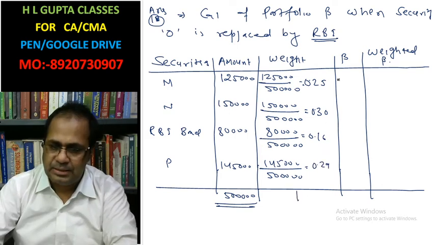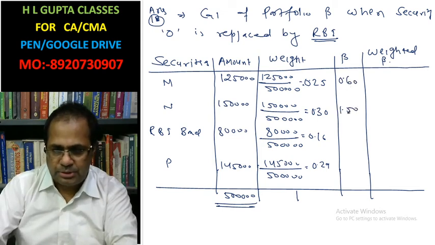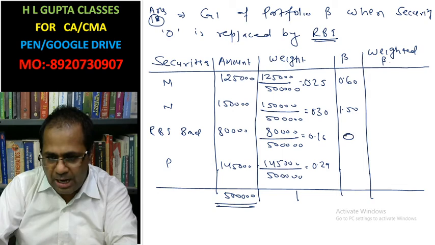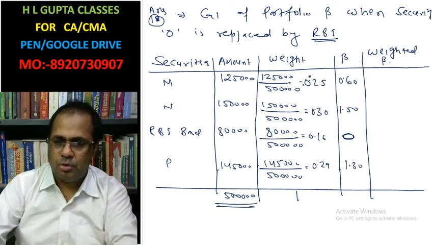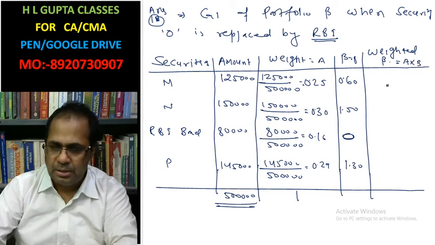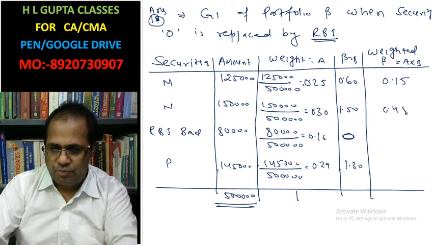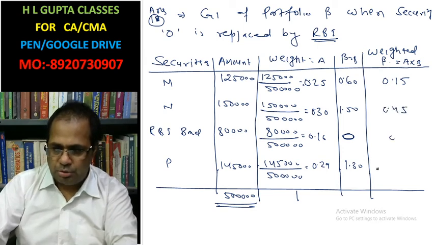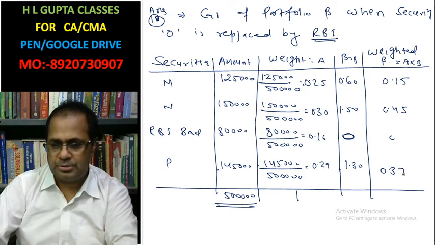Beta is 0.60, 1.50. The RBI bond beta is 0. Then 1.30. Now suppose this is A and this is B, then the weighted beta is calculated as A into B. After multiplying: 0.15, 0.45, 0, 0.377.